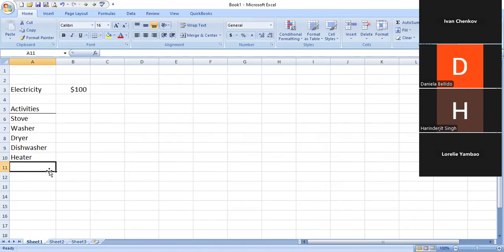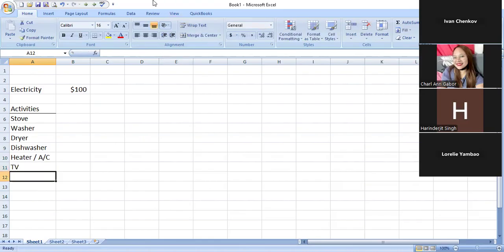Okay. Heater will be in the winter time. In the summertime now you need AC, right? Air conditioning. Or we can put it all together. Heater slash air conditioning. What else? TV. TV.